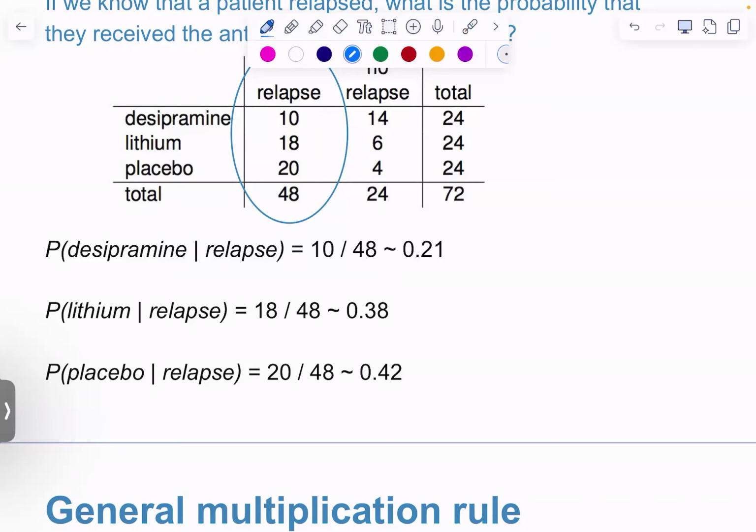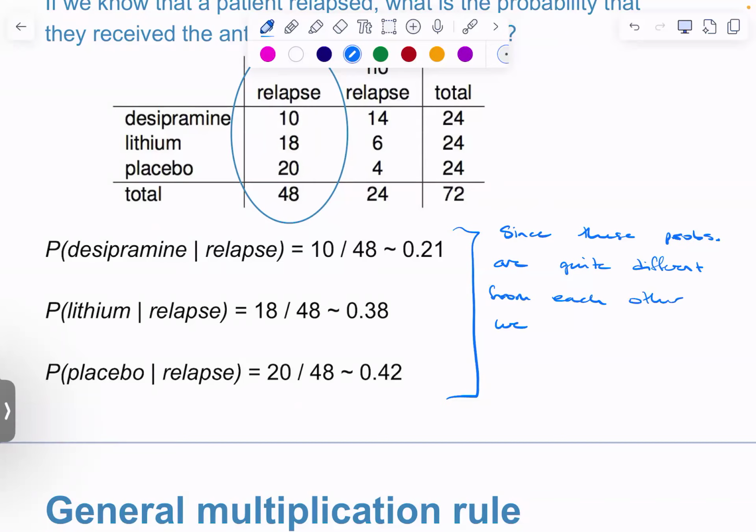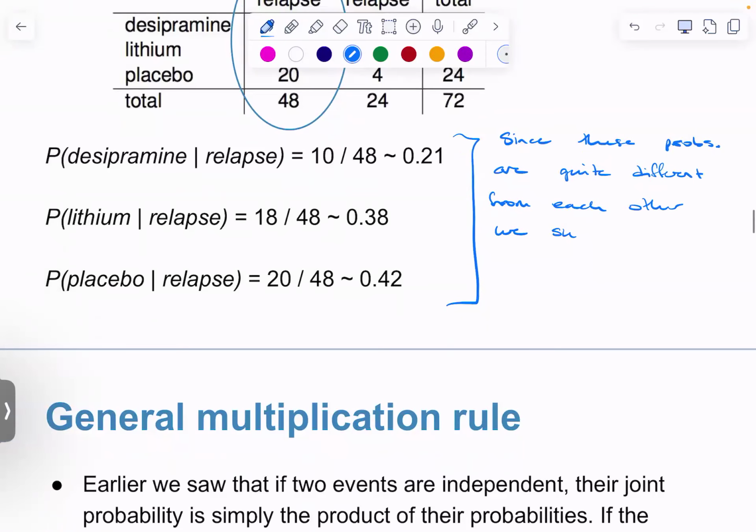And so here, since these probabilities are quite different from each other, we suspect a treatment effect, but we have to wait to learn how to determine it for real.